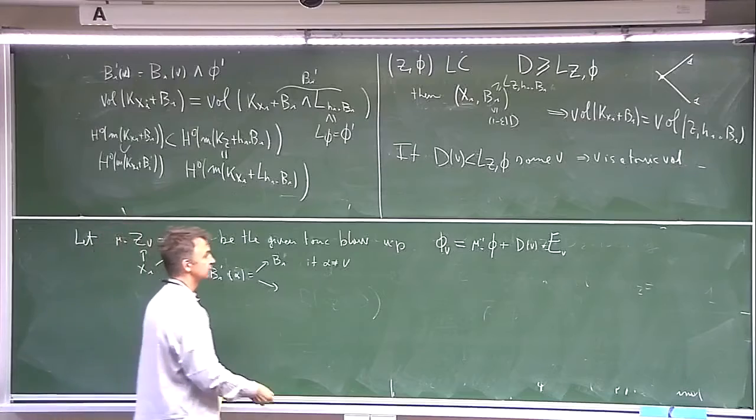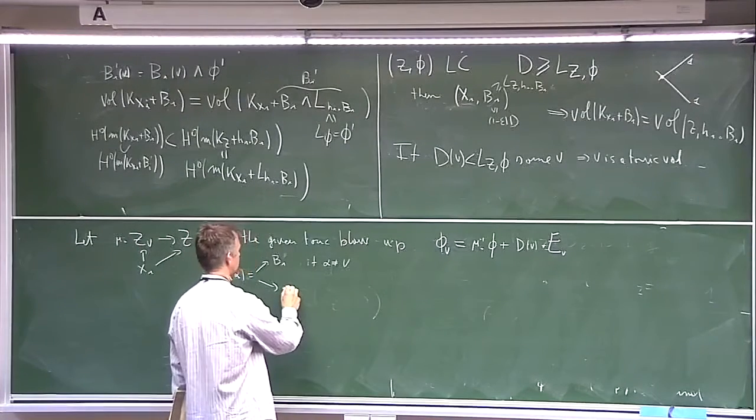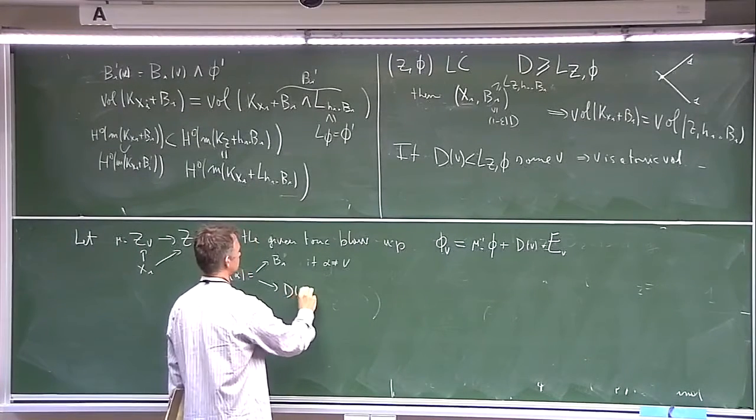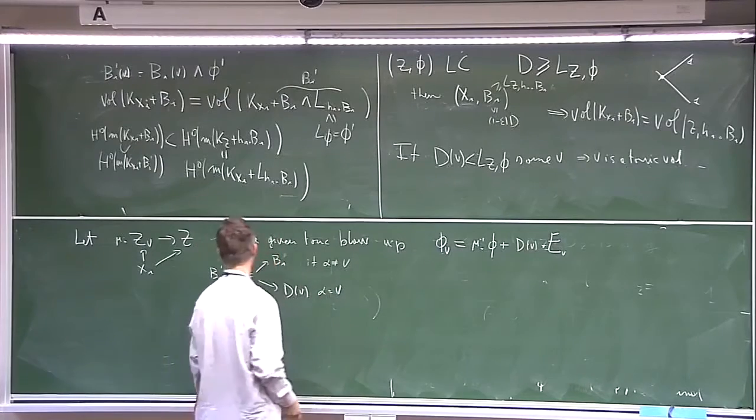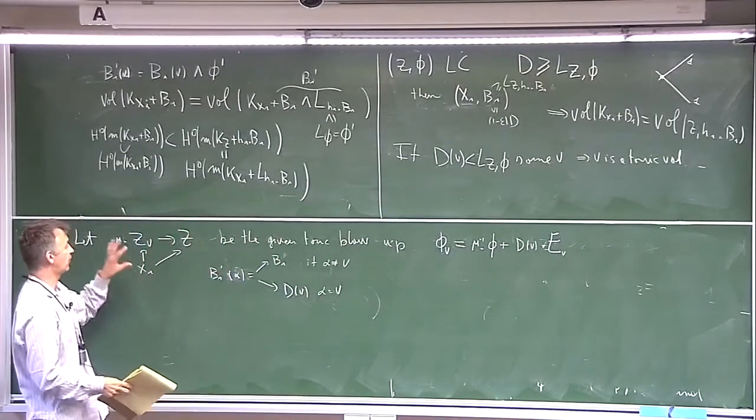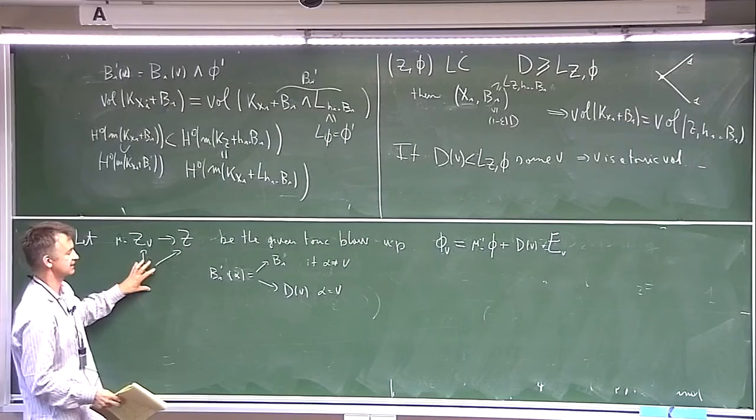I think I can just take the same value. It will just be D of nu if alpha is equal to nu. So by the same computation I did before, it's not going to change the volumes of these xi's, bi.